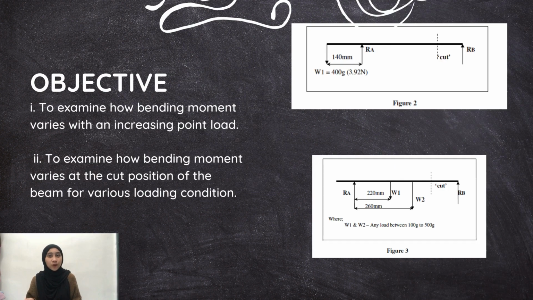The objective of this test is firstly to examine how bending moment varies with an increasing point load. Second, to examine how bending moment varies at the cut position of the beam for various loading conditions. All these elements must be reached to make sure the test is conducted successfully.